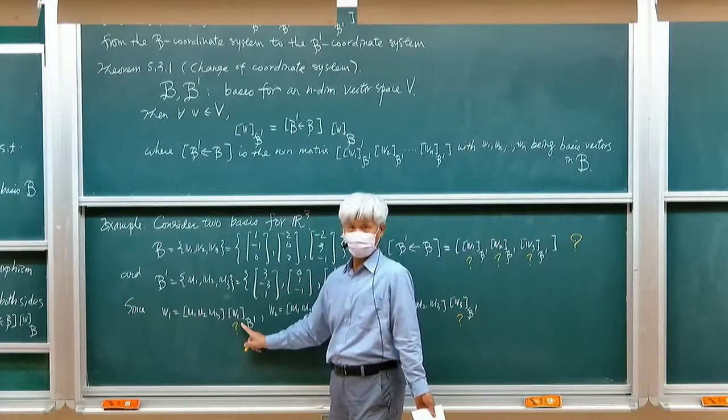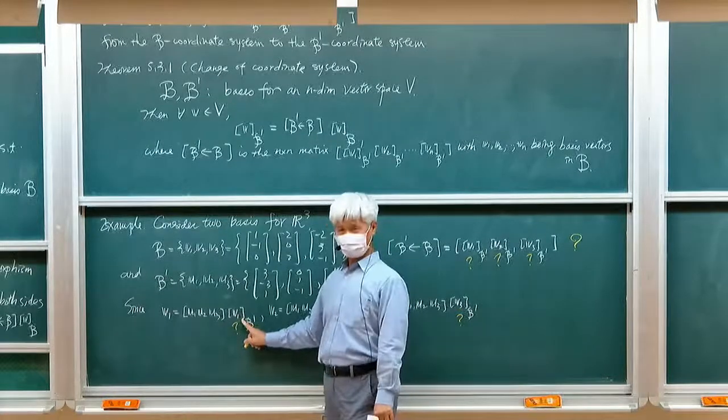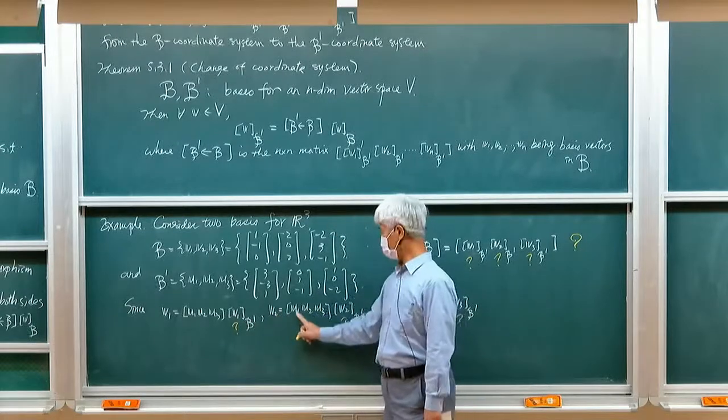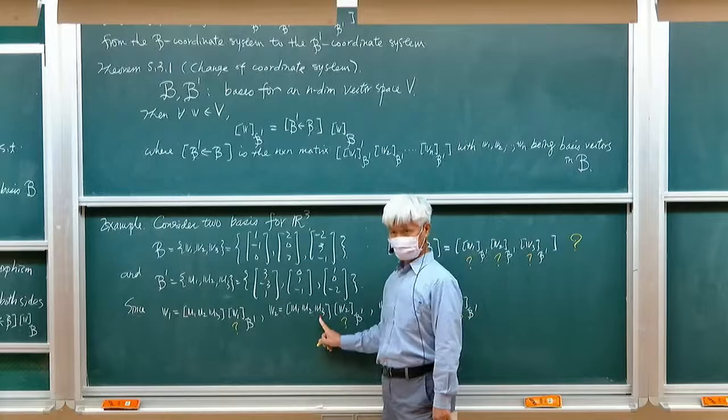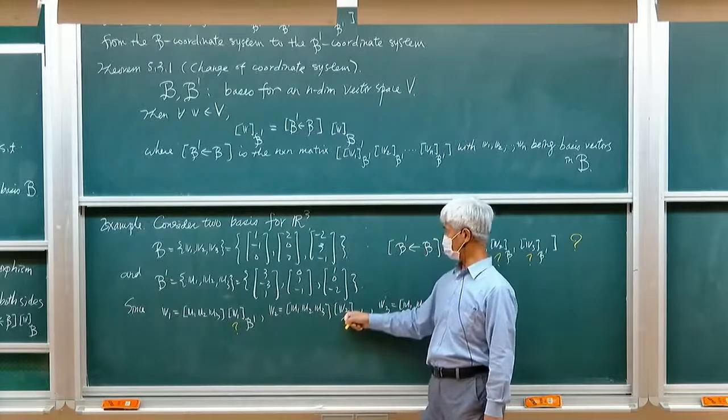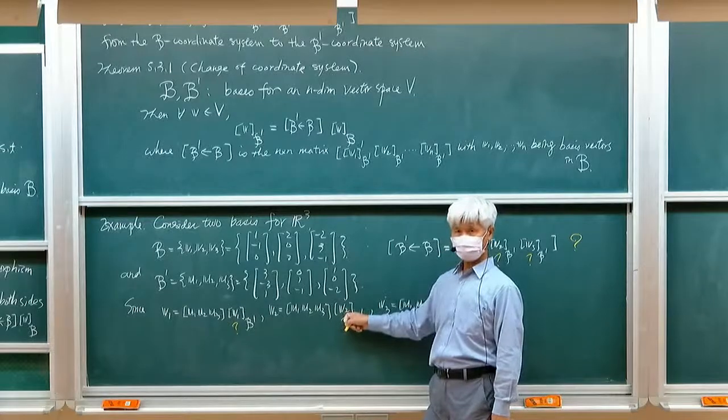This is the meaning of B prime coordinate, right? Similarly, V2 is a linear combination of U1, U2, and U3, and the coefficients are inside the B prime coordinate of V2, etc.